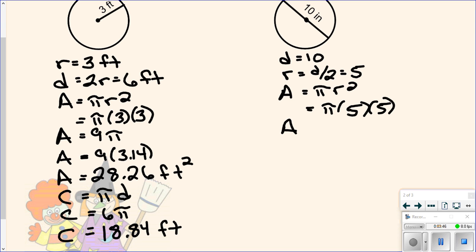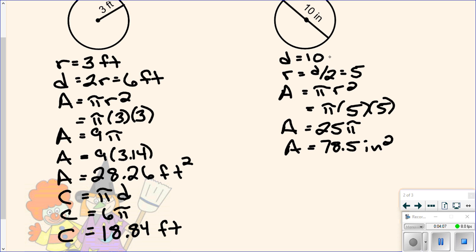So the area in terms of pi would be 25 pi. Now, if they ask you to go ahead and multiply that out, we just multiply 25 times 3.14, and we get 78 and 5/10. And again, the units here are inches squared.